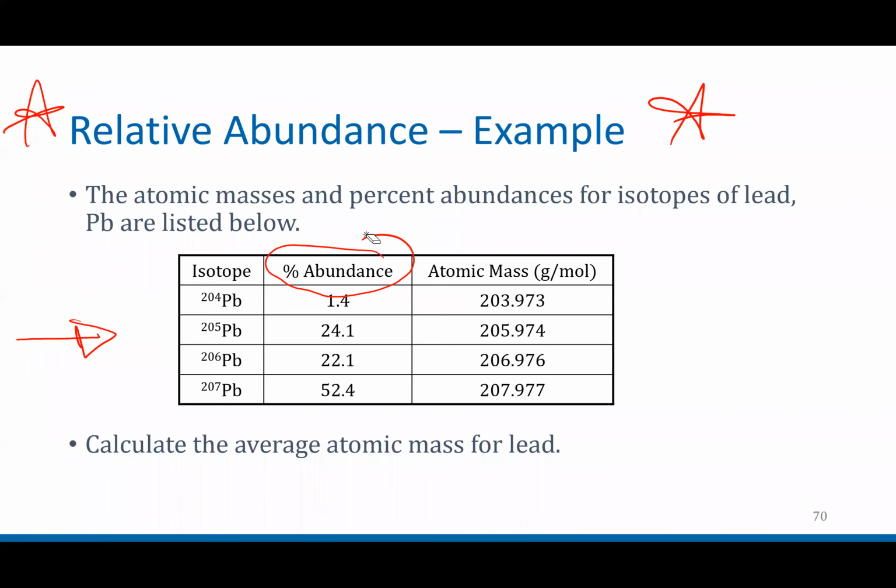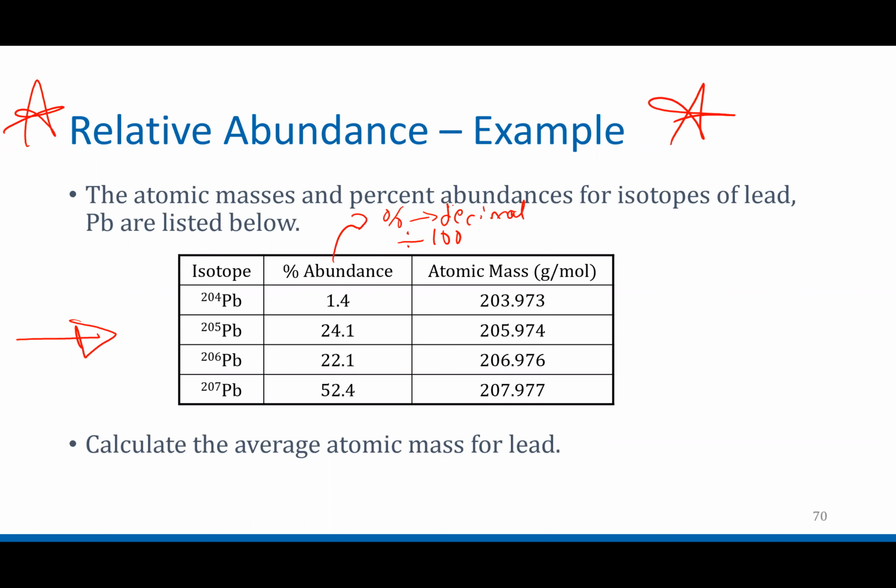So if you can't remember this from last class, maybe you missed last class, to change a percent to a decimal, you divide by 100.